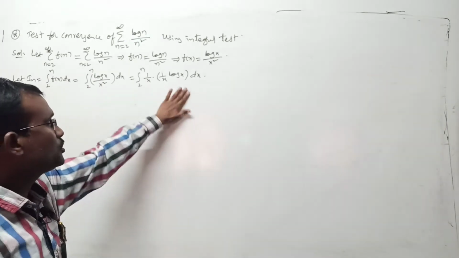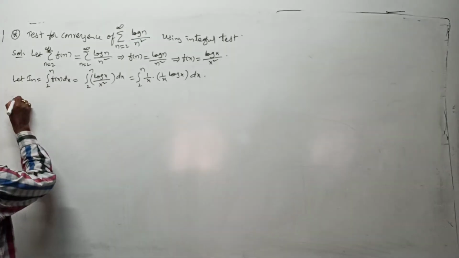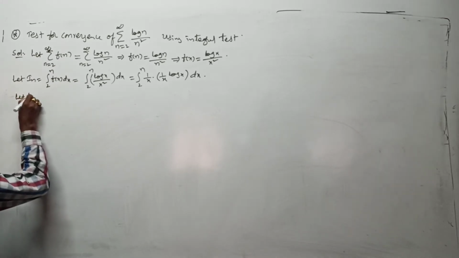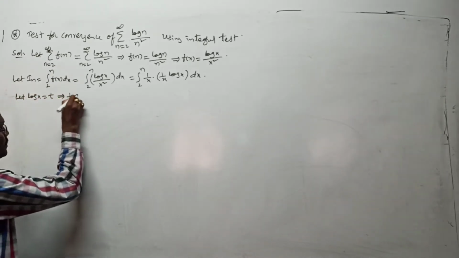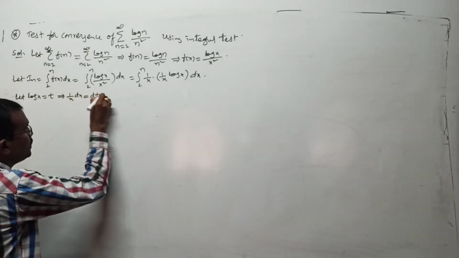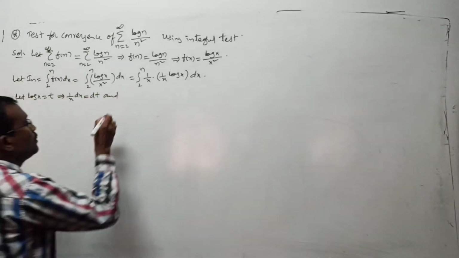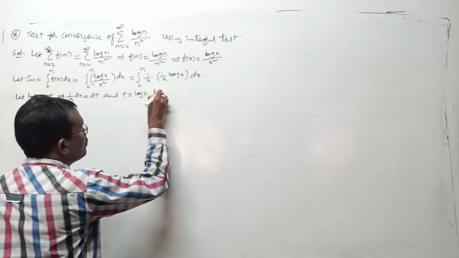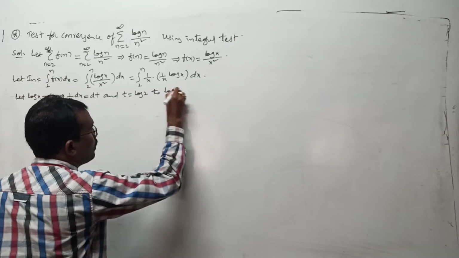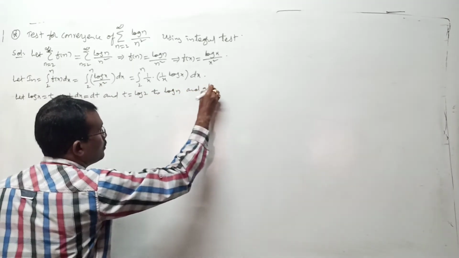Again here use the substitution method, let log x equal to t. This implies 1 by x dx becomes what? dt, and t is from where to where? Log 2 to log n, and also here one more term.